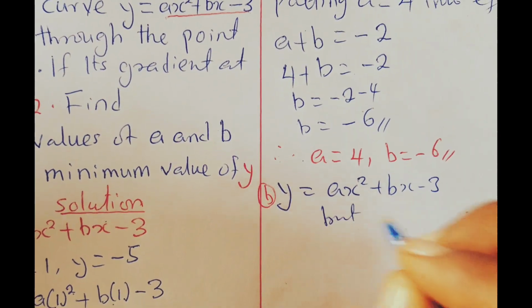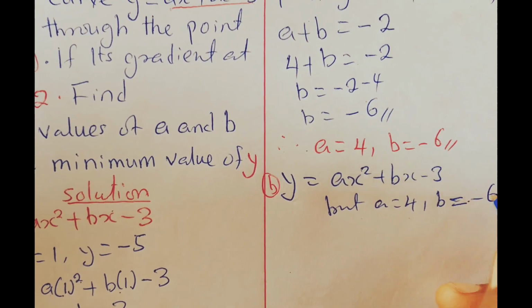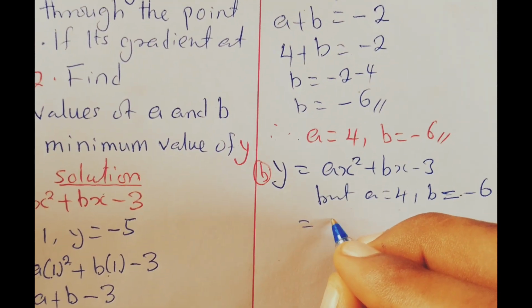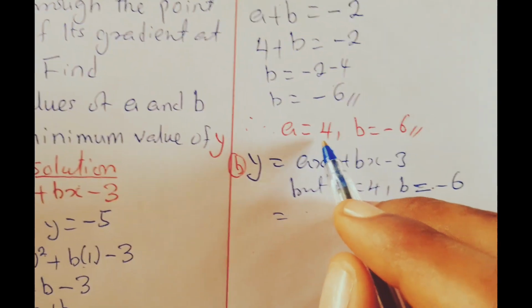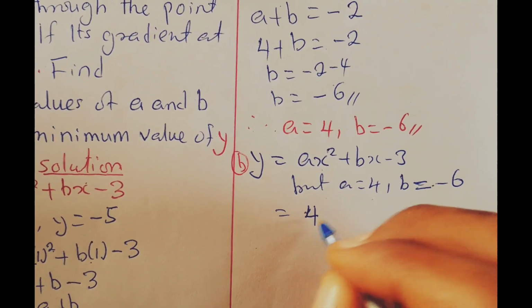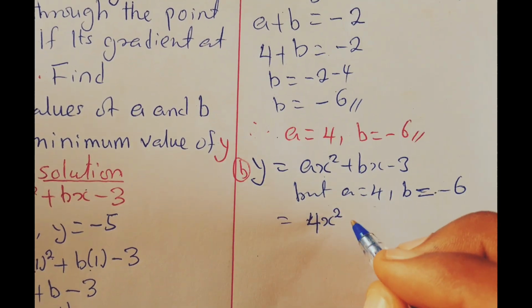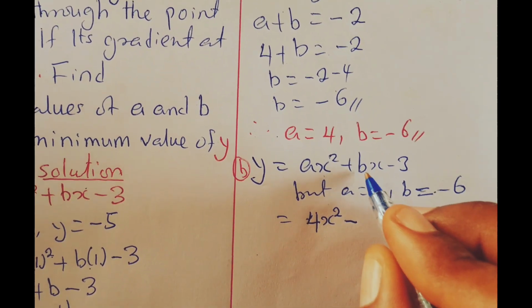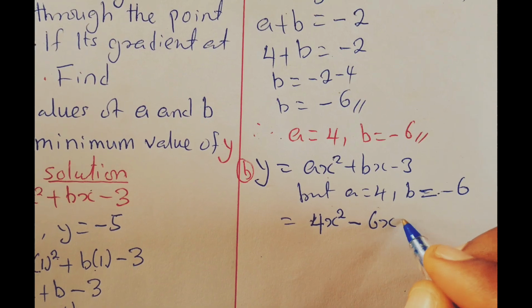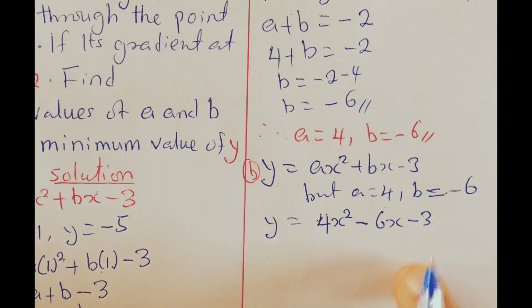But we said a is equal to 4 and b is equal to negative 6. So it becomes 4x squared. So wherever I see a, I'll put 4, minus b is 6x minus 3. And this is y.